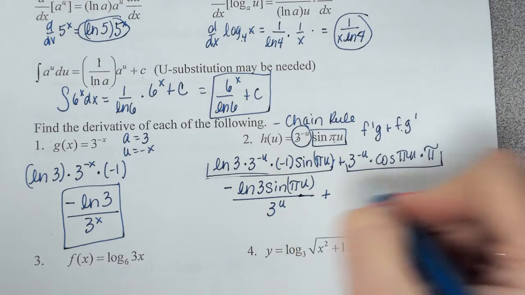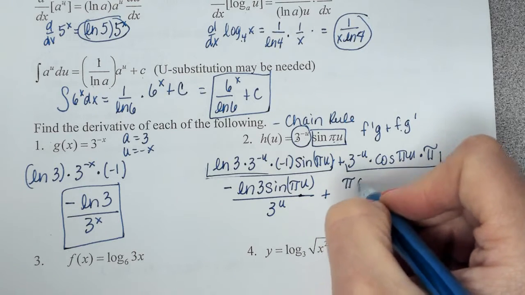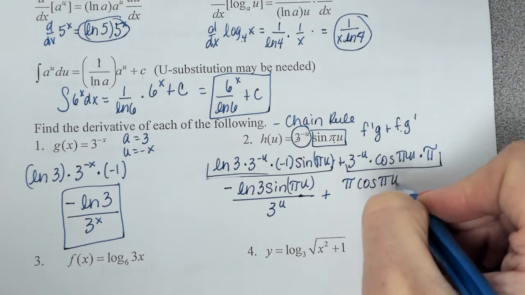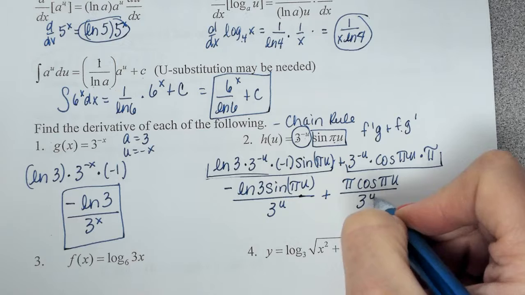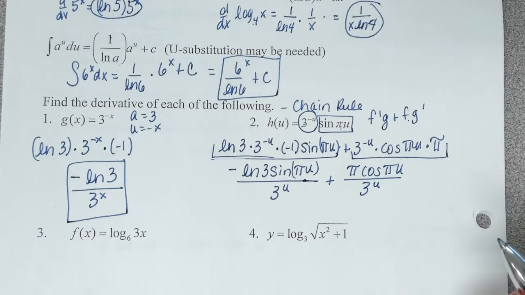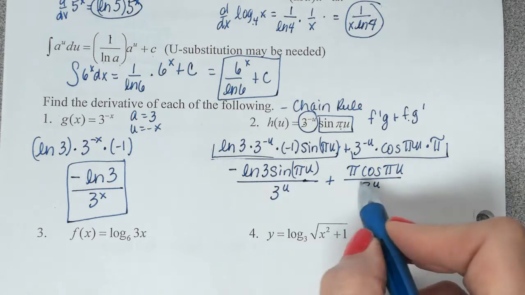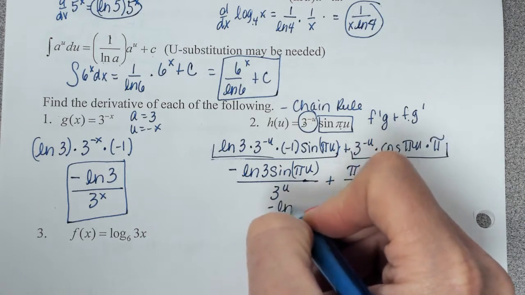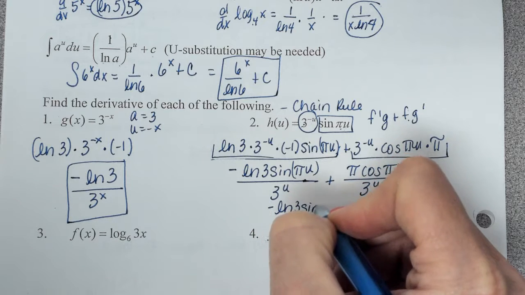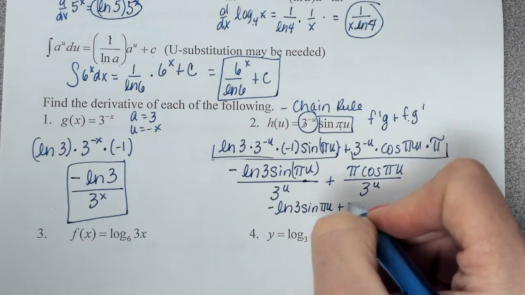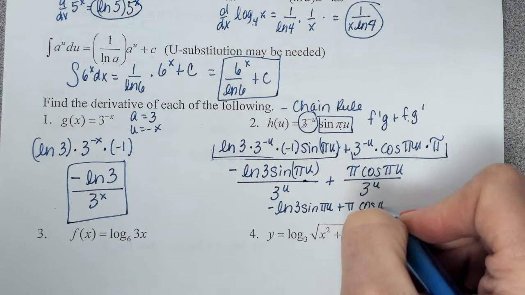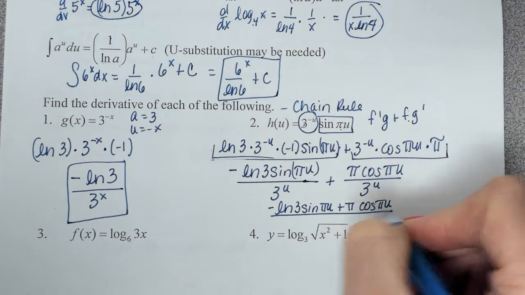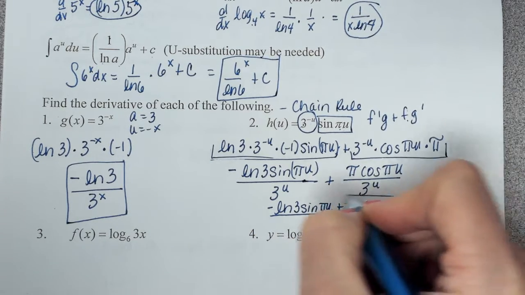This is going to be plus pi cosine of pi u over 3 to the u. So now we have a common denominator, so I can just put these together. So it's the negative the natural log of 3 sine pi u plus pi cosine pi u all over 3 to the u.